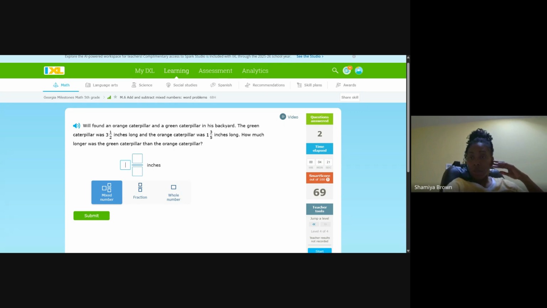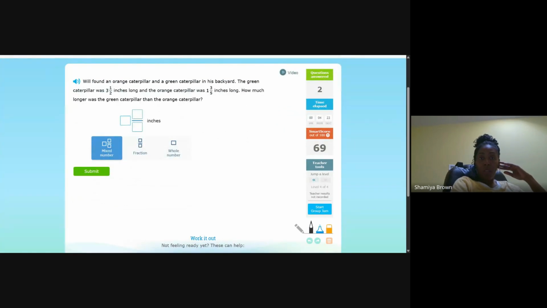This is also a subtraction. So we have 3 1/2 minus 1 3/5. Our common denominator is going to be 10.